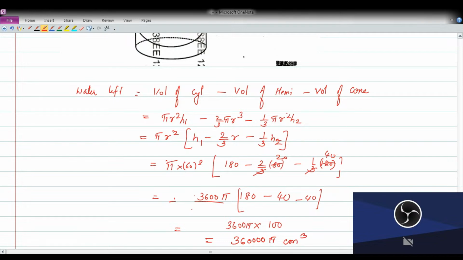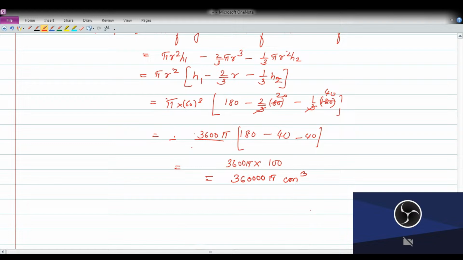If you want it in liters, to convert centimeter cube to liters we need to divide by 1000. Three zeros get cancelled, so 360 liters is the volume left in the cylinder.